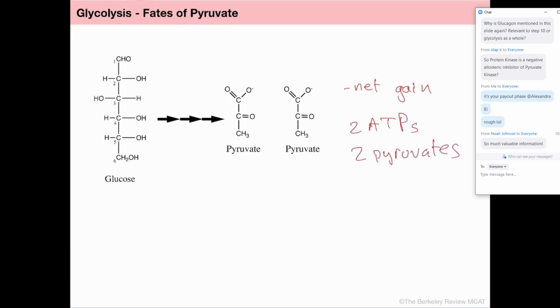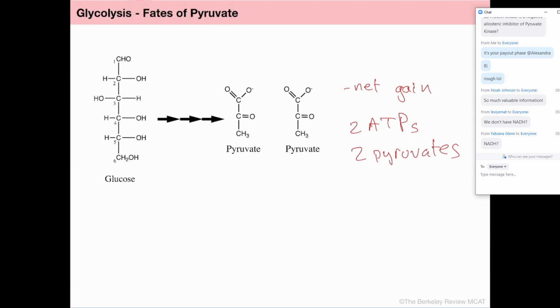Okay, what's wrong with this? We've done glycolysis, we've gotten to our pyruvates. What's the problem? What's out of balance here? What's out of whack? Something is out of whack. And what is that?